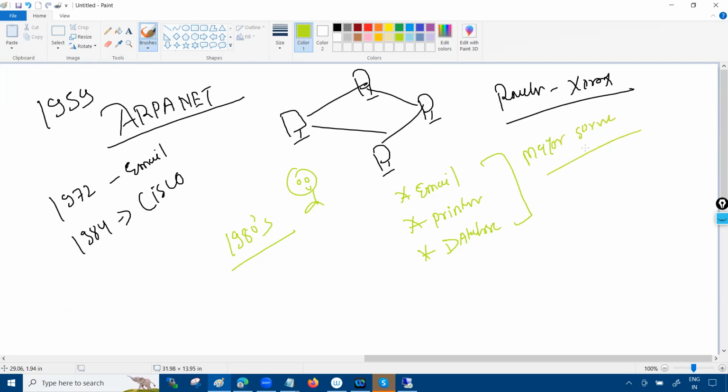What do you think, in the 80s and 90s, just to maintain these services, what should be the requirement of the operating system? Of course, anything you are doing right now is done by the operating system. From your laptop to a mobile or router, every device has an operating system.